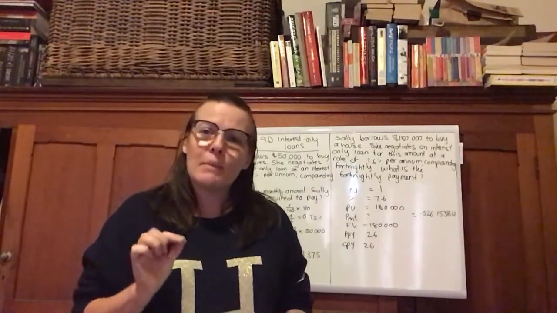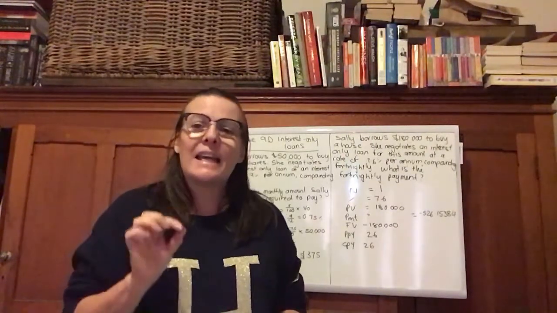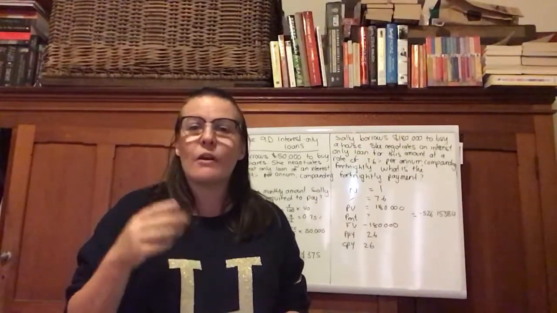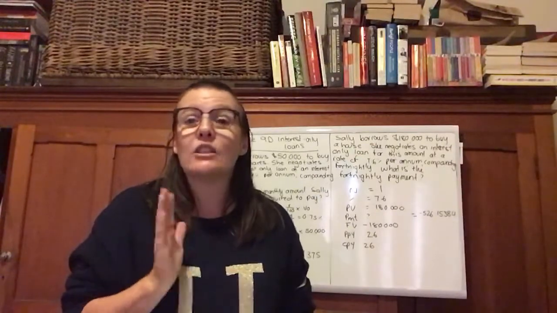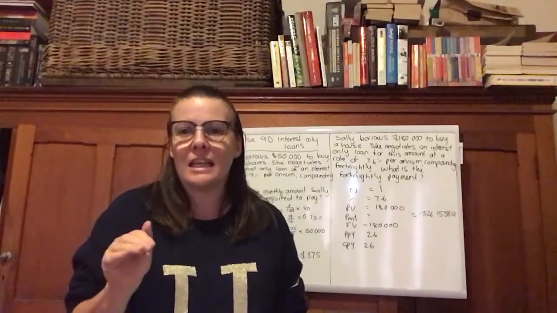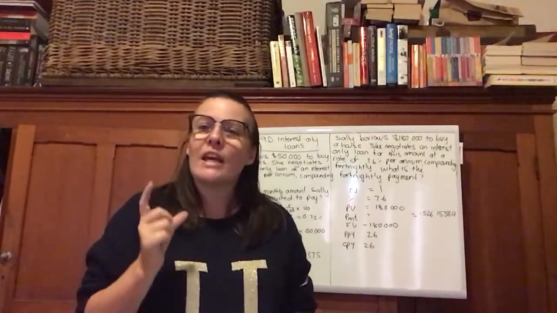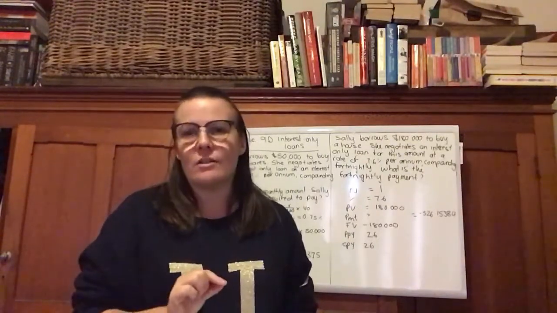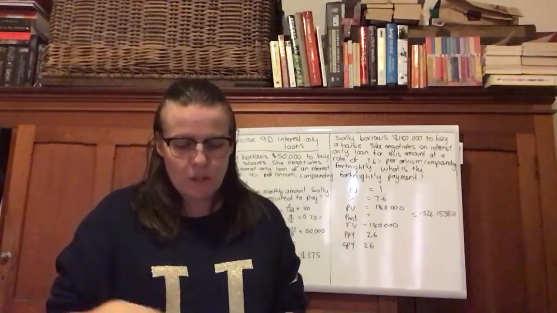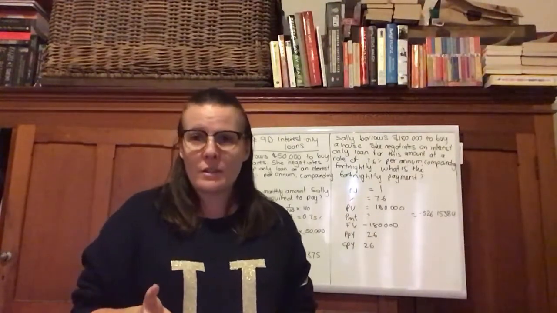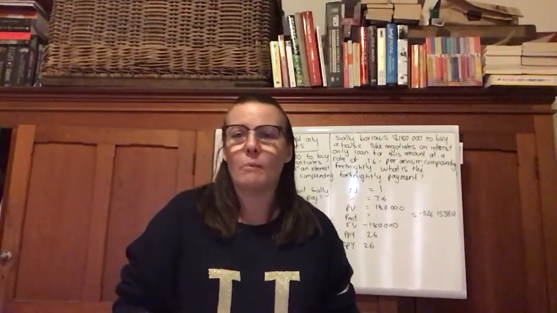The only payment they're making is the interest. So at the end of the month, if $100 interest is added, they just pay $100 to clear the interest. So the amount they owe never changes. Okay? So we're going to have a look at some examples of interest-only loans and the types of questions that you might come across.